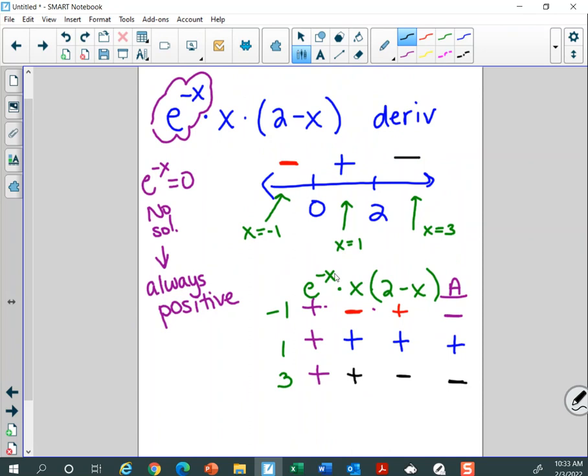So anytime I'm doing a number line chart like this, I tend to do it without a calculator. But if you want to, go type it in: e to the -1 times -1 times 2 minus -1. As long as you're careful, you should get the same results I get.